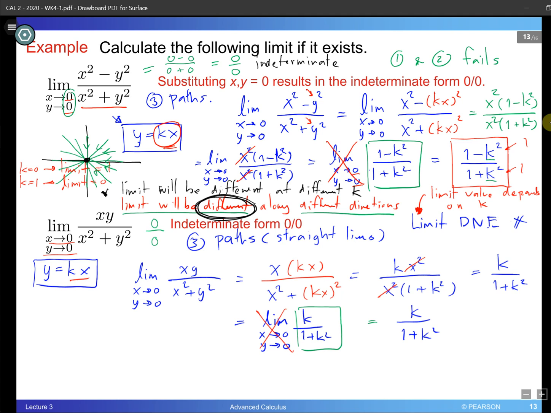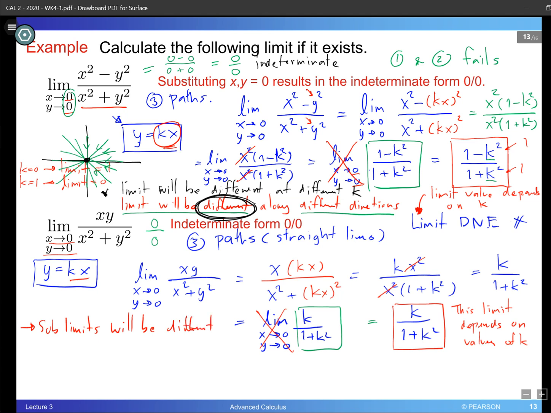Once again, this limit depends on the value of k, which means that sublimits will be different along different directions.